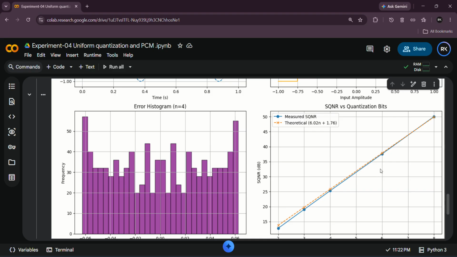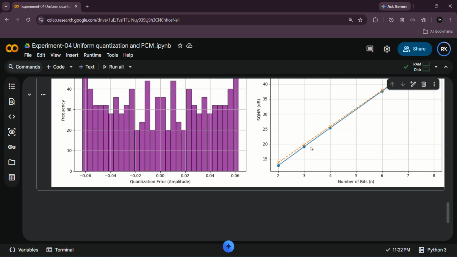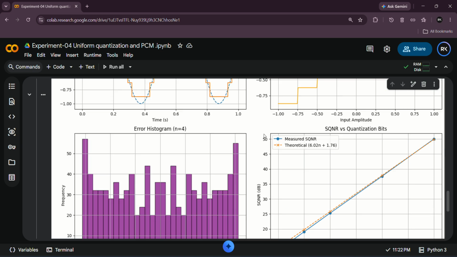You can see that unmistakable trend: every extra bit roughly adds 6 decibels of SQNR. Going from 2 bits to 8 bits dramatically improves signal quality. This is exactly why higher bit depth audio and higher resolution ADCs give us cleaner, more faithful digital representations of analog signals.